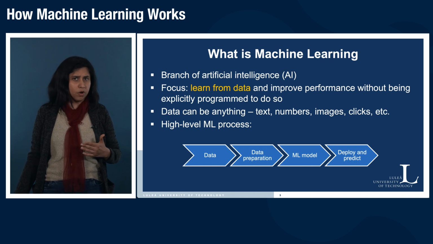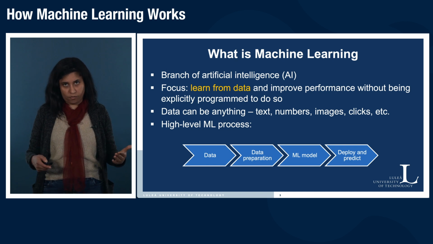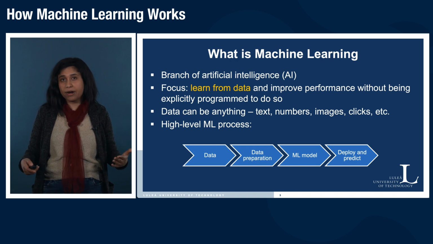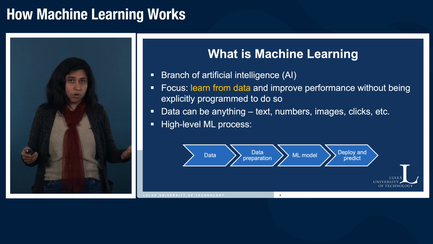If we look into the machine learning process at a high level, we will see that first we have our data, which is collected from various sources. Then this data must be cleaned and prepared, removing the noise from any bad, useless data.